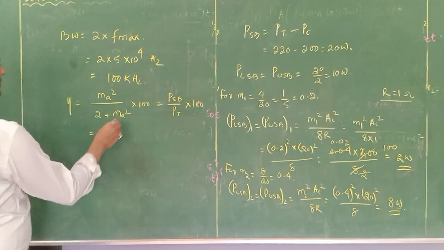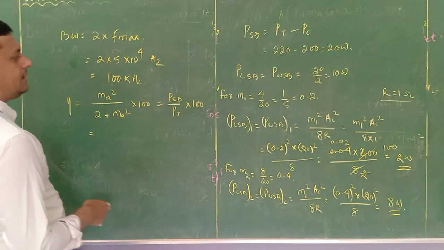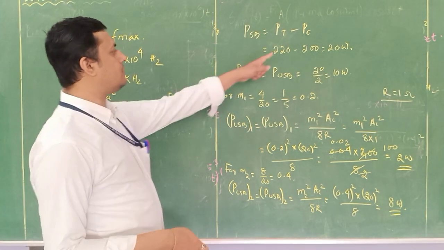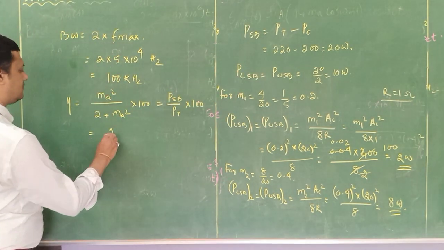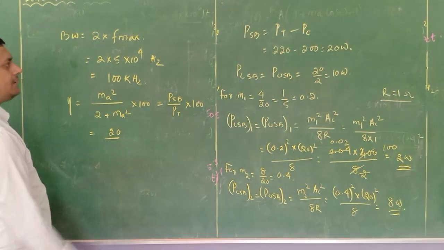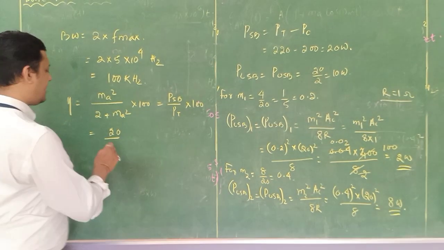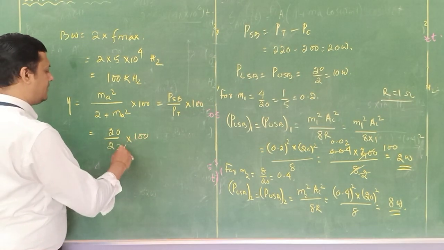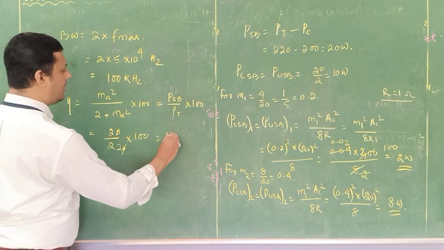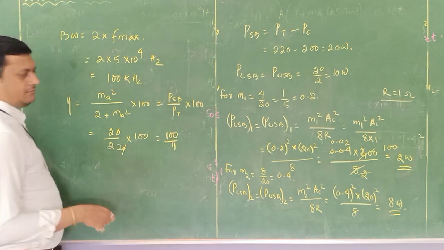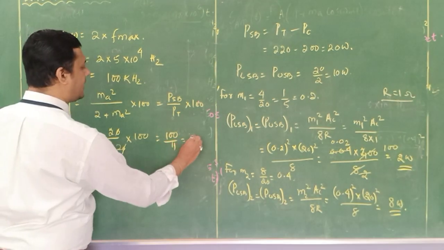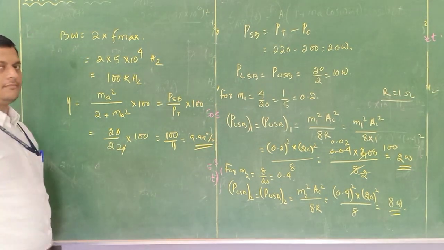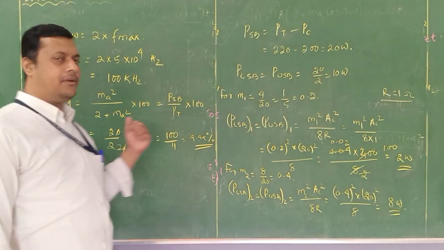So your sideband power, as we have calculated, is 20 watt, divided by transmitted power, which is 220, into 100. So this will cancel out. 100 divided by 11, so it will become 9.99%. So this is the efficiency. Done? So this is the simple calculation.